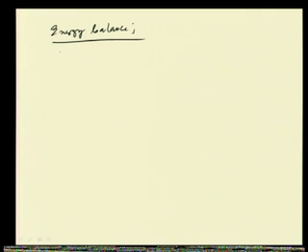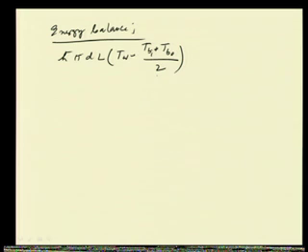So, we can write h bar pi d L into (T_w minus (T_bI plus T_bO)/2), the two bulk temperatures by 2. So, this is h A delta T, and that will be equal to m dot C_p into (T_bO minus T_bI).